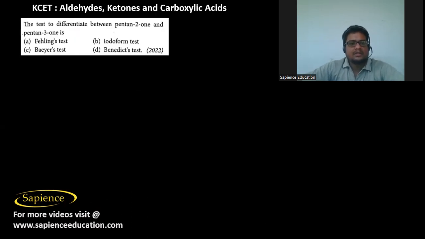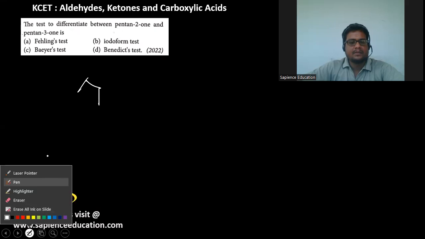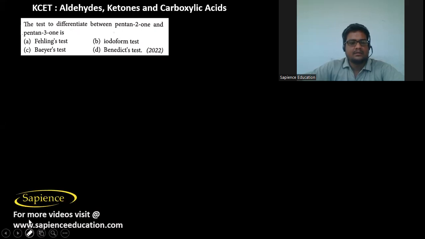Then this asks the test to differentiate between pentan-2-one and pentan-3-one. Now pentan-2-one, it is 1 2 3 4 5.